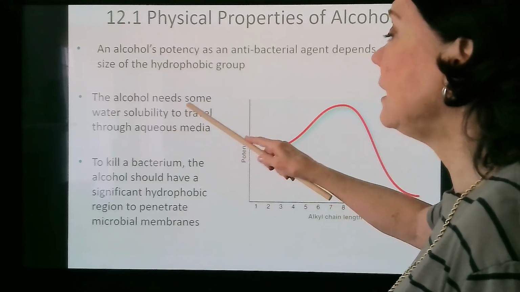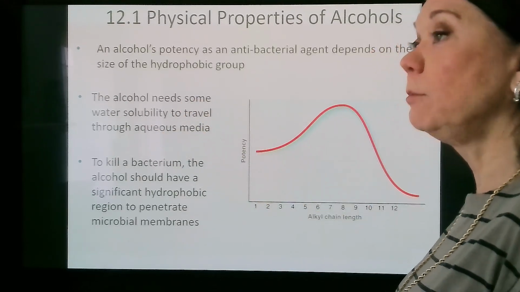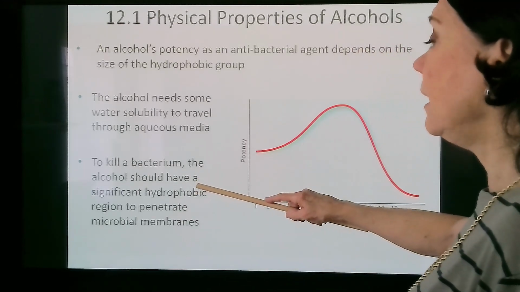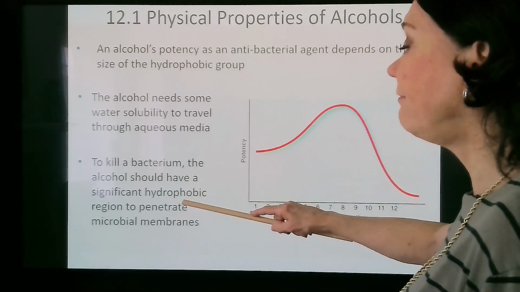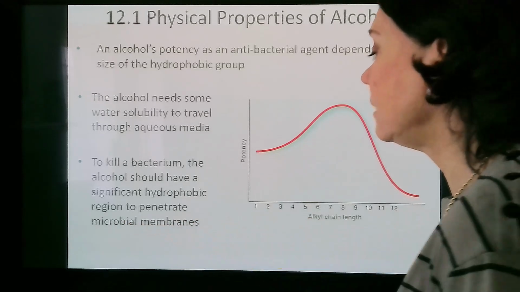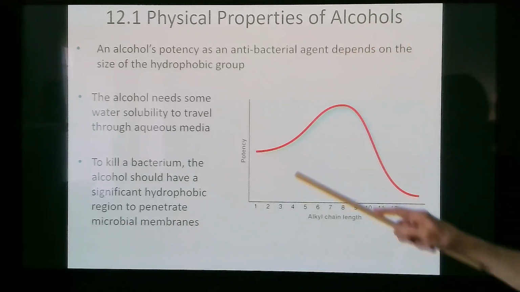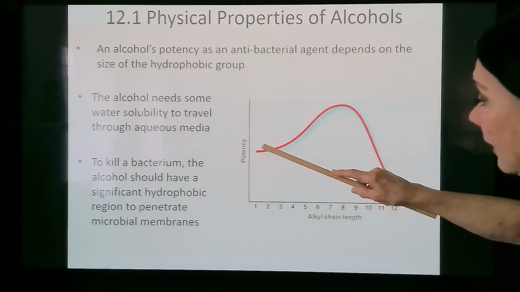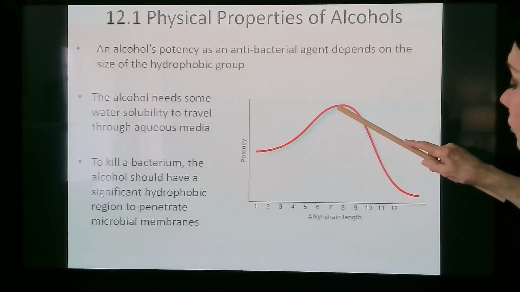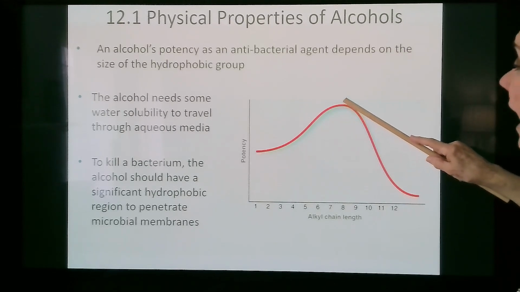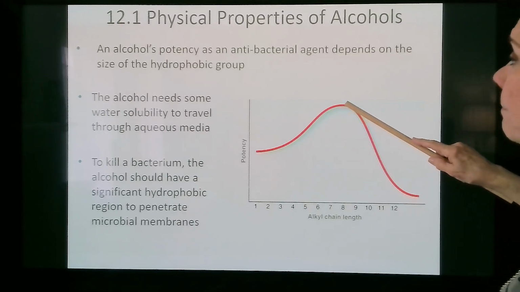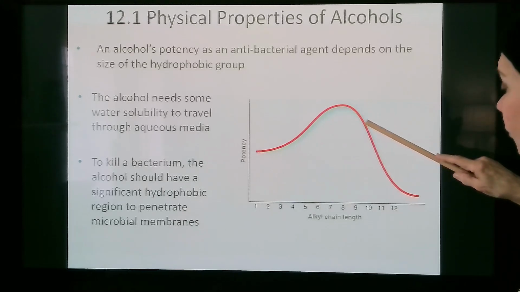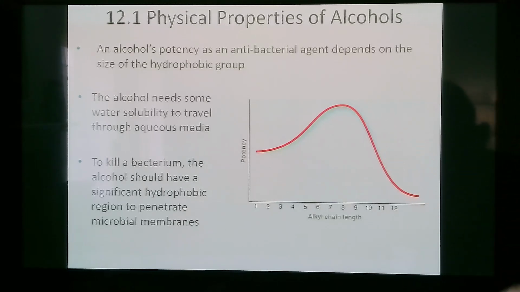So the alcohol needs some water solubility that will be provided by the hydroxyl group. It also needs a significant hydrophobic region in order to penetrate the microbial membranes. And so you can see as the alkyl chain length increases, its potency increases. And then as the miscibility with water decreases, its potency is going to decrease.